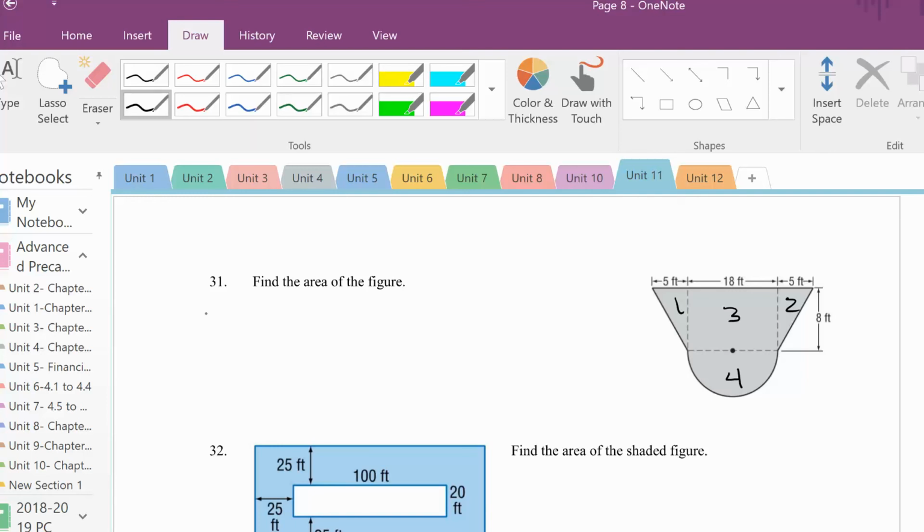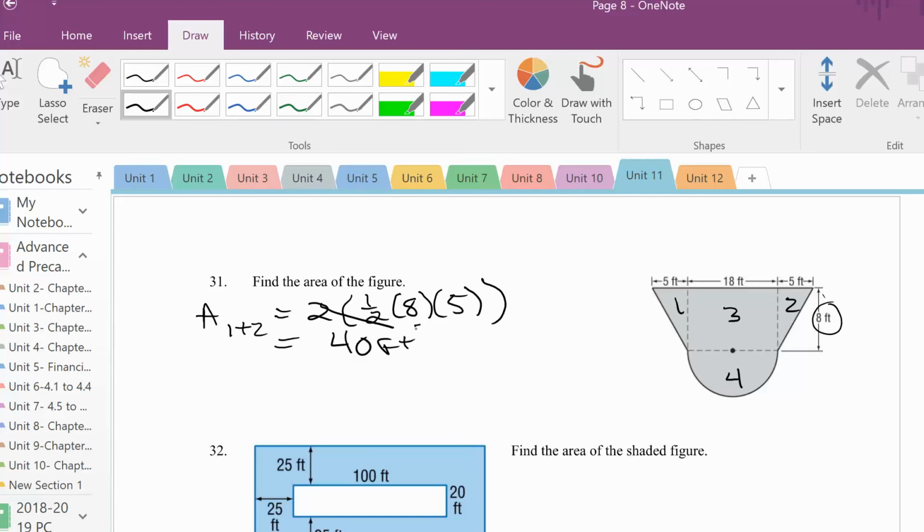So the area of the two triangles, 1 plus 2, that's going to be 2 times 1/2 of 8 times 5, because notice the height of the triangle is 8 here. So the 2 and the 1/2 cancel, so 8 times 5 is 40 square feet.